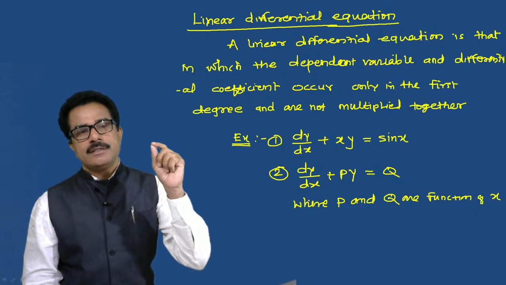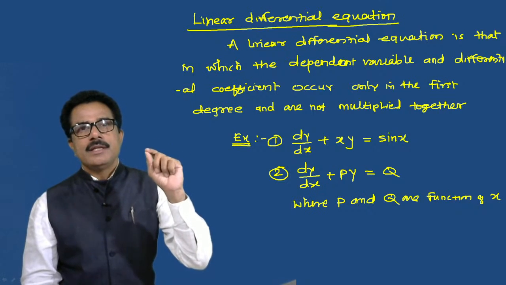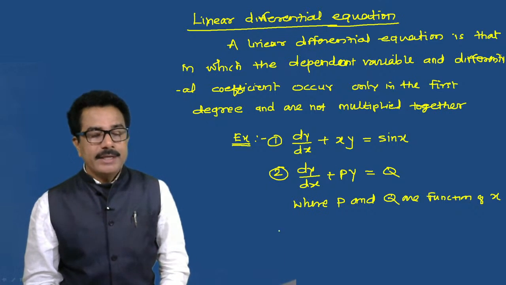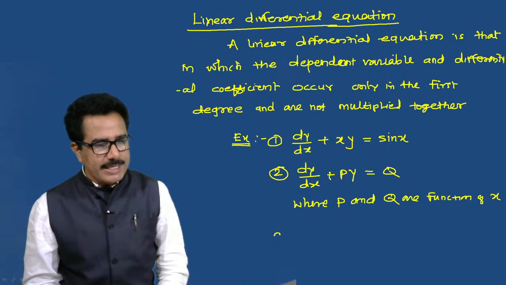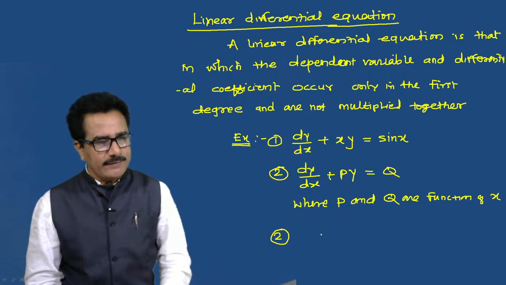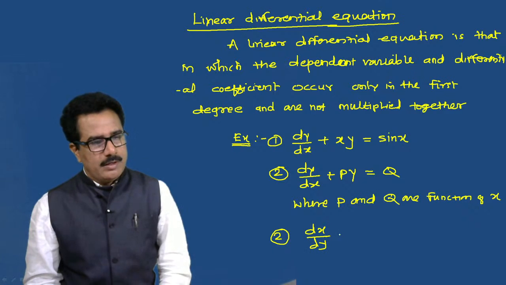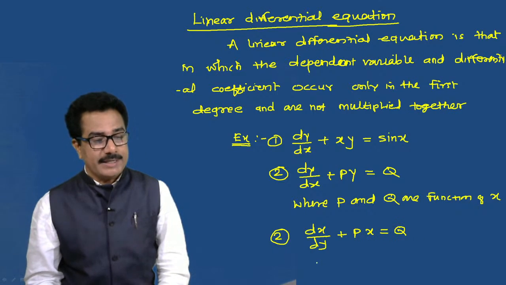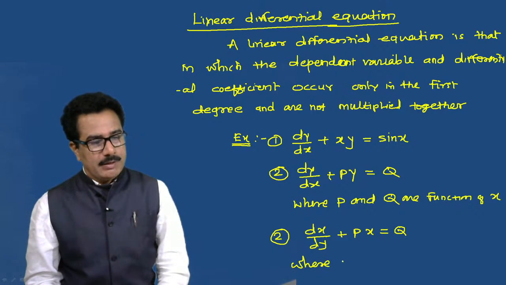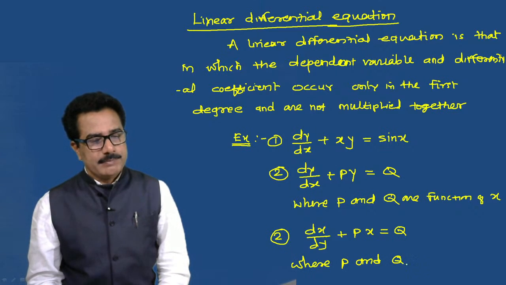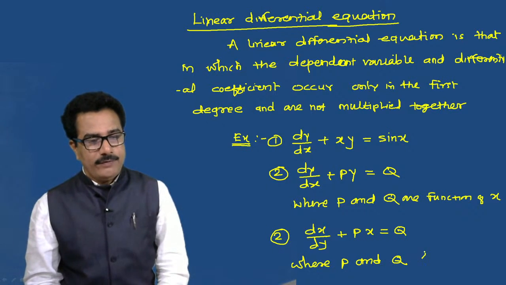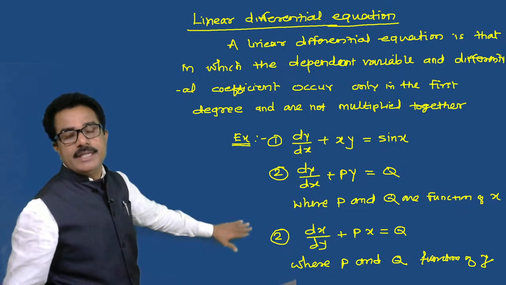We consider the dependent variable x and independent variable y, then we can write this as dx by dy plus Px equals Q, where P and Q are functions of y. See, this is also a linear differential equation.